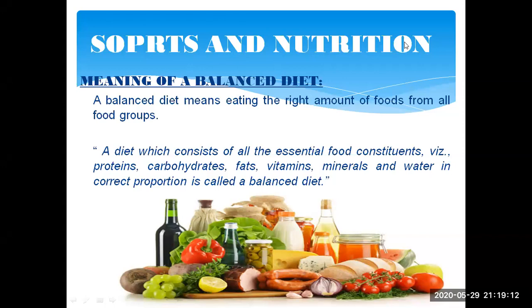Again, a diet which consists of all the essential food constituents, namely proteins, carbohydrates, fats, vitamins, minerals, and water in correct proportion is called a balanced diet. So whatever diet you are going to take, it should not be only protein, or mostly carbohydrate, or only fat.